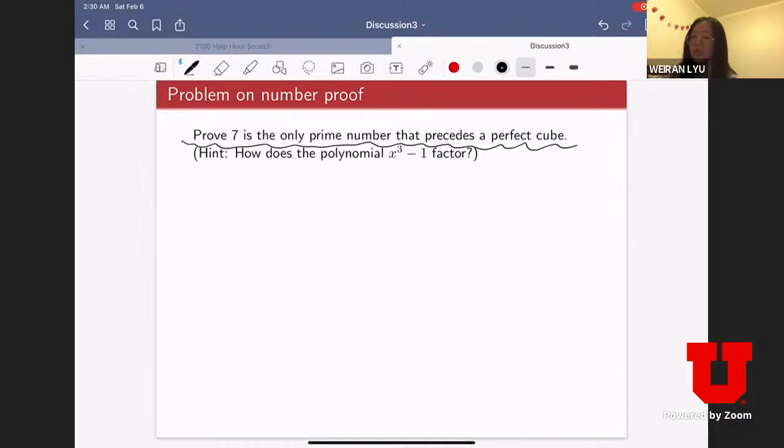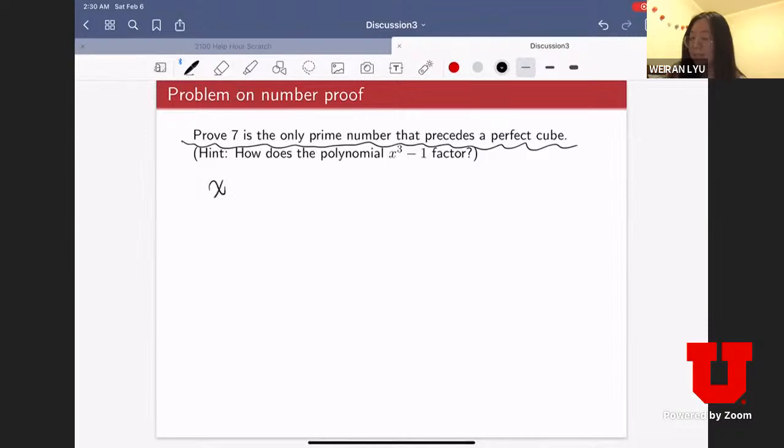You're going to use some variables to represent 7. I think you just let 7 equal x cubed minus 1, right? That's the problem definition. Is that what you're asking? Yeah, exactly.